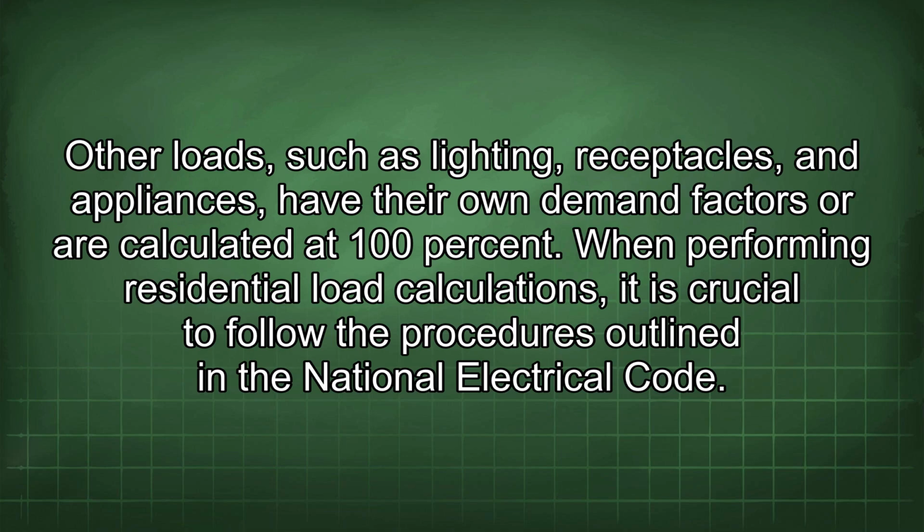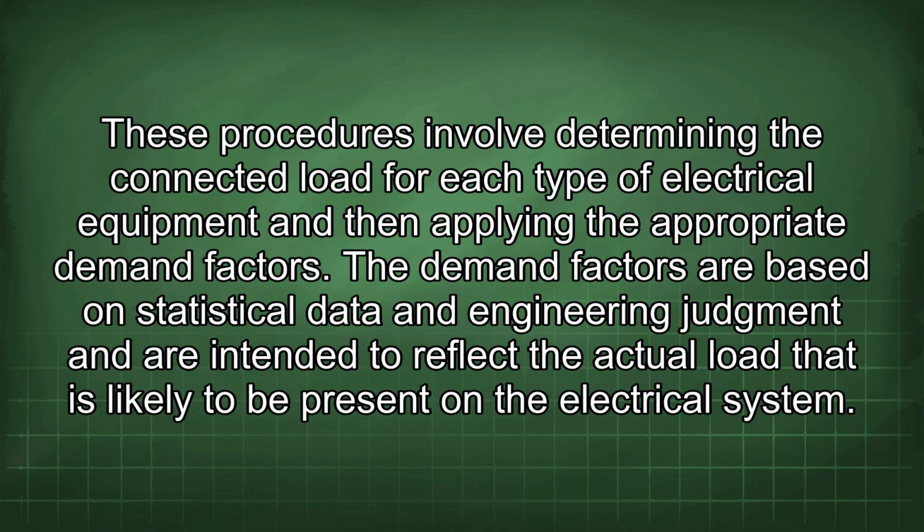When performing residential load calculations, it is crucial to follow the procedures outlined in the National Electrical Code. These procedures involve determining the connected load for each type of electrical equipment and then applying the appropriate demand factors. The demand factors are based on statistical data and engineering judgment and are intended to reflect the actual load that is likely to be present in the electrical system.